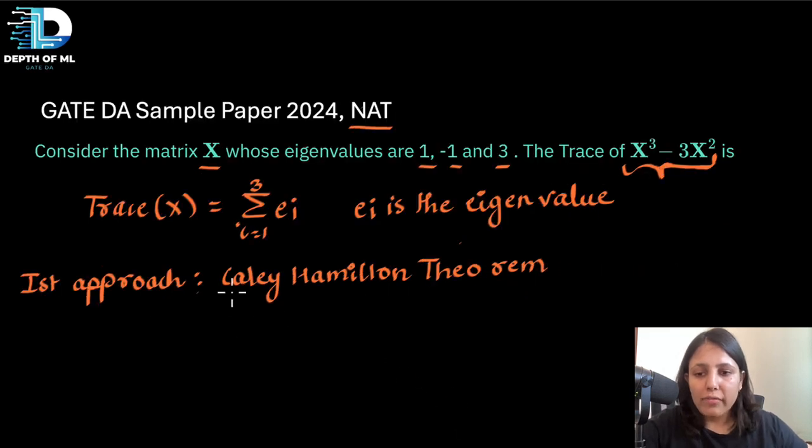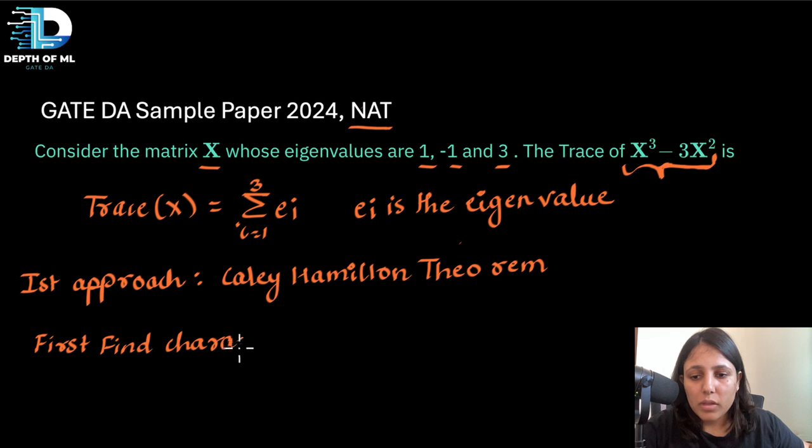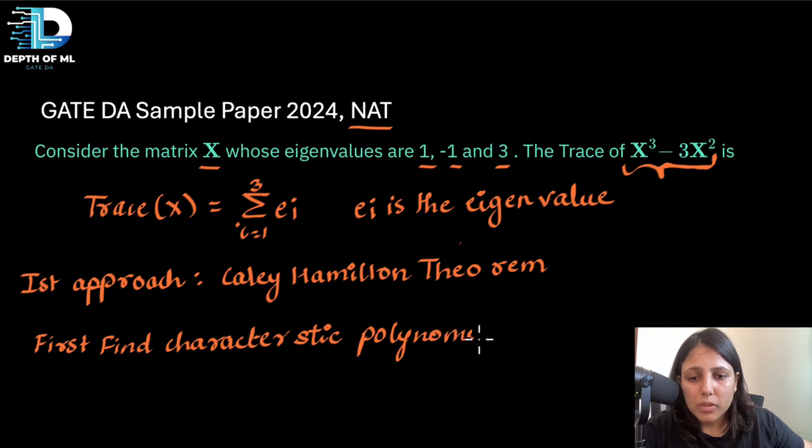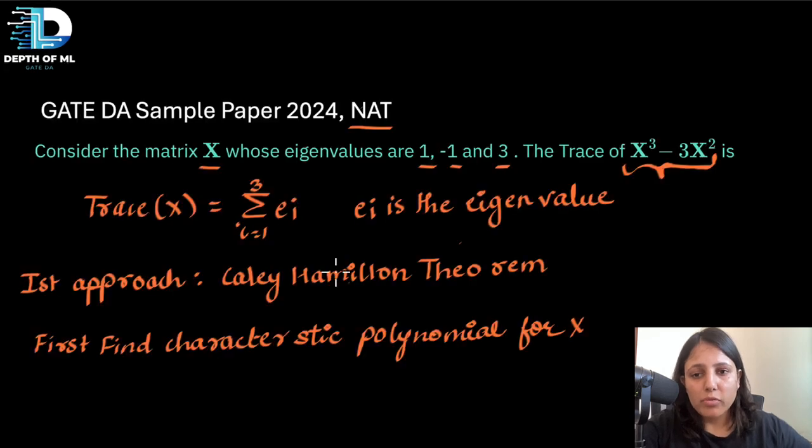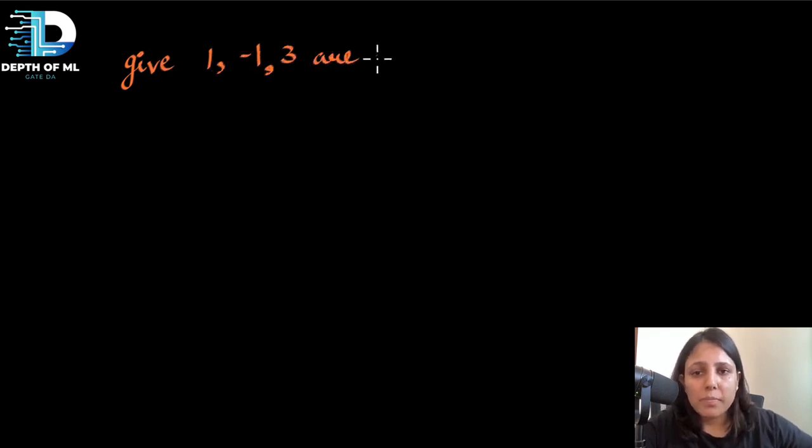Now that we have seen the Cayley-Hamilton theorem, let's see how we are going to use it. First of all, we find the characteristic polynomial for X. We are given that 1, -1 and 3 are eigenvalues, and these eigenvalues will be roots of the characteristic polynomial.